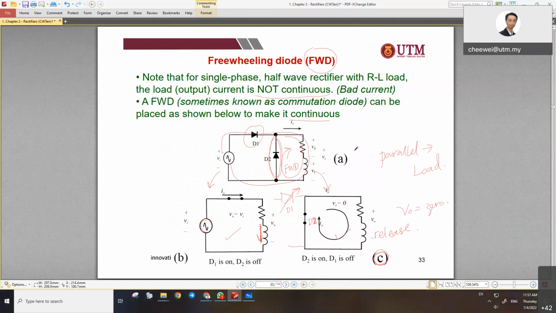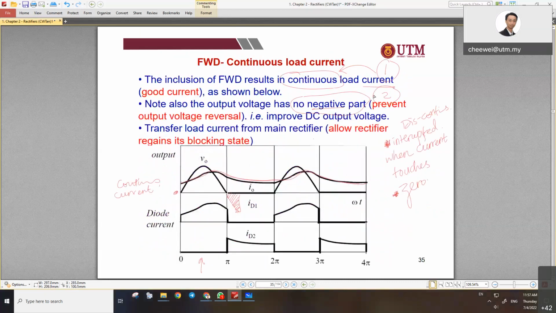Okay, so there are two things, please remember. Number one, the FWD will make the current continuous by having the alternative path for the inductor to release or discharge the charges, so current can flow. And why is the negative part of the V out missing when the freewheeling diode is added?